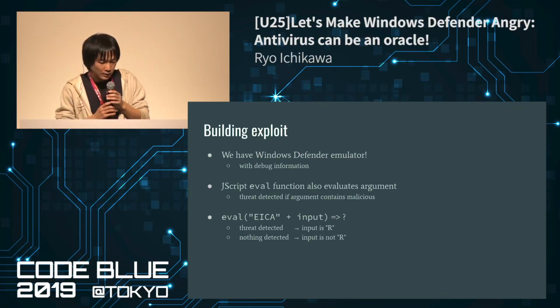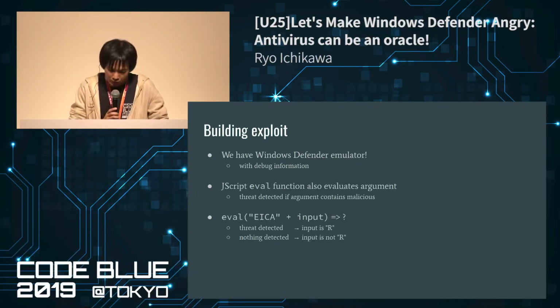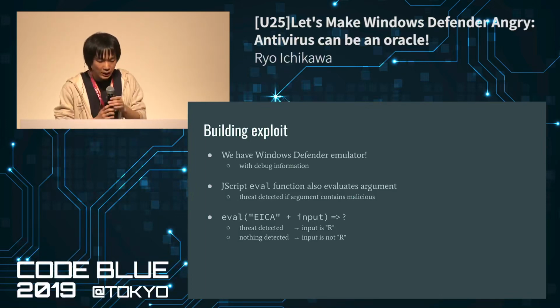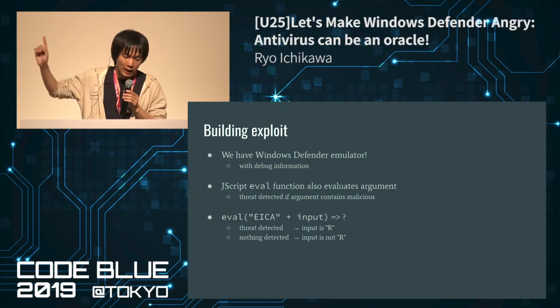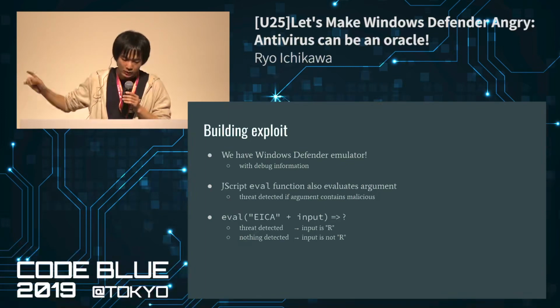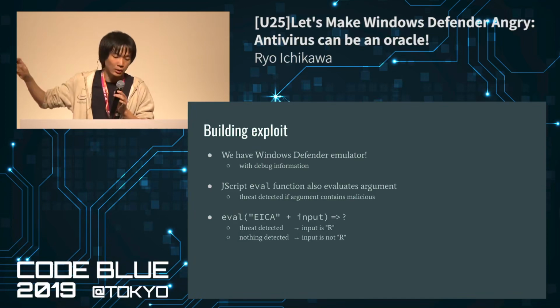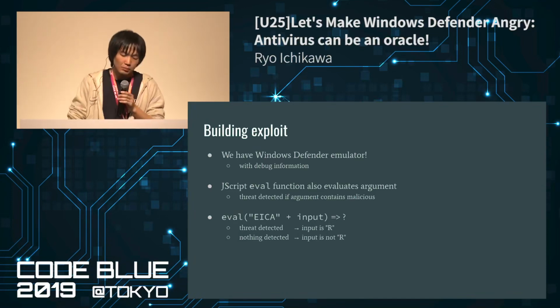In this case, if this function is detected as malicious, the input is R, because R and a part of the Acre signature will make up a complete Acre signature. And if nothing is detected, the input is not R.